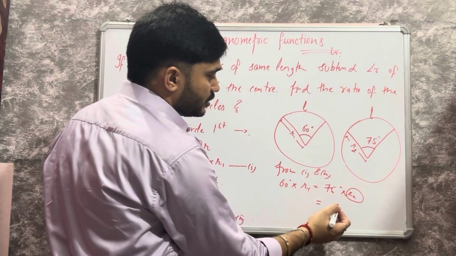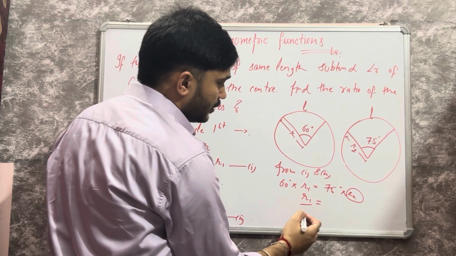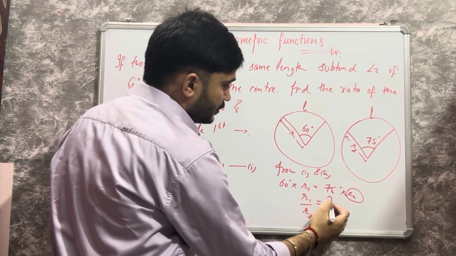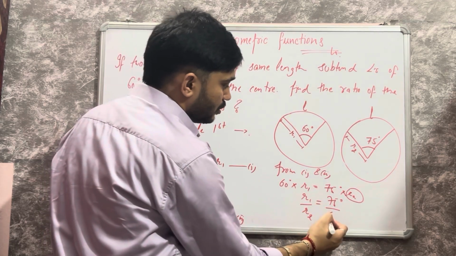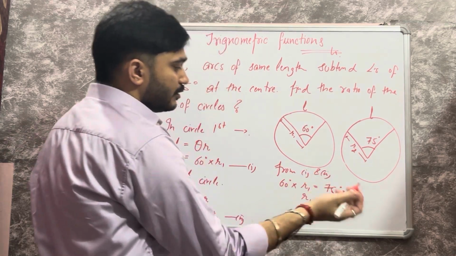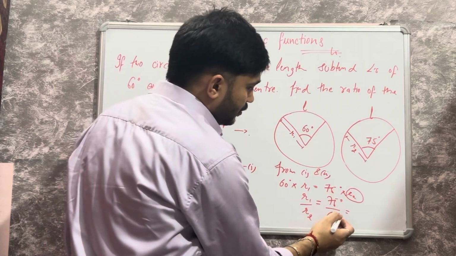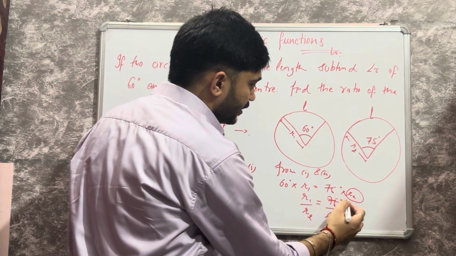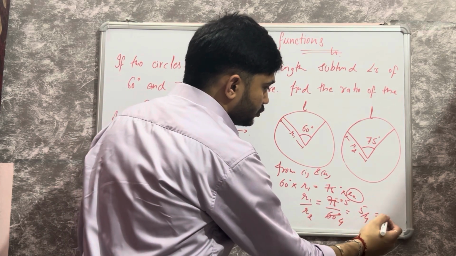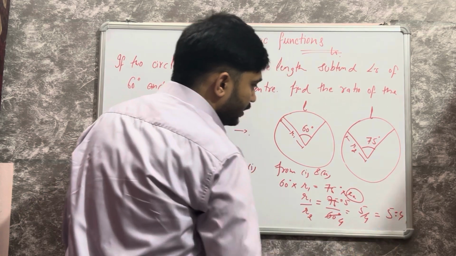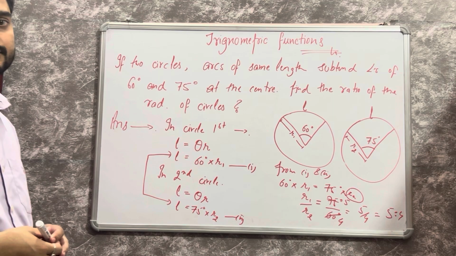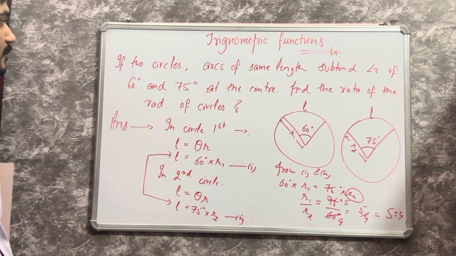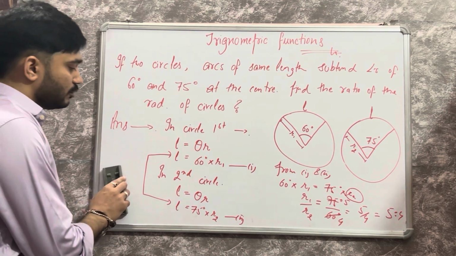Since here R2 is multiplying, here it will divide, and 60 here is multiplying, so going to the other side it will get divided. 15 fours are 60, 15 fives are 75, so 5 by 4. So the ratio will be 5 by 4. Any doubts? Moving on to the next question.